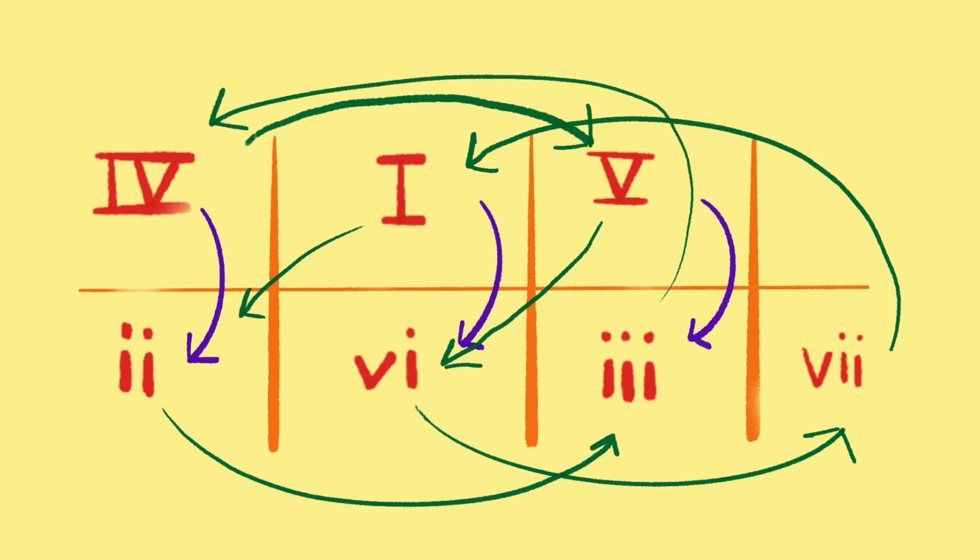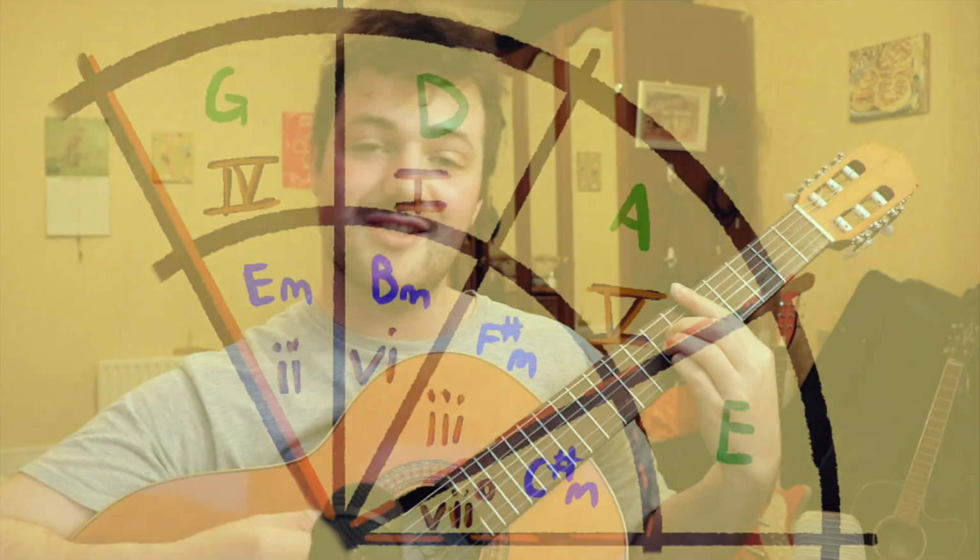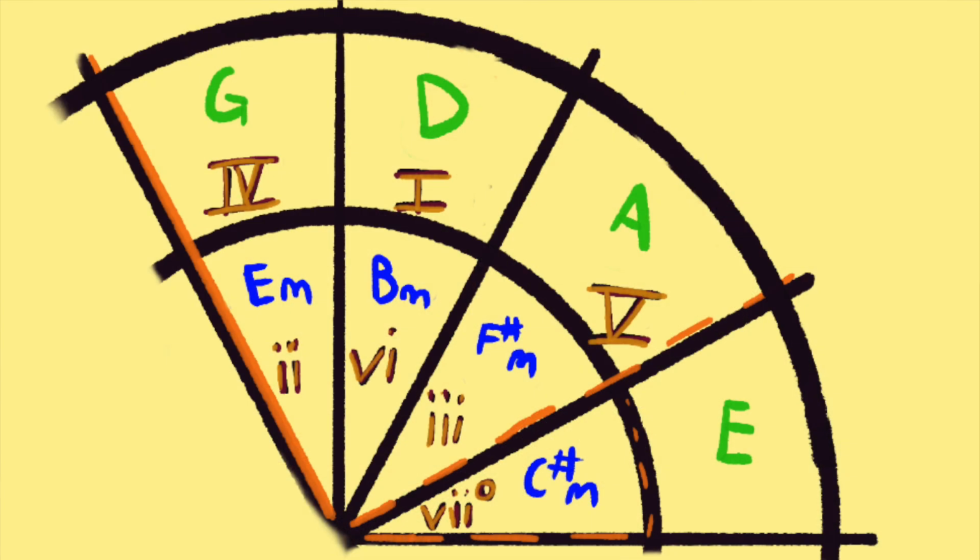If we were to take that image and rotate the whole thing proportionately speaking to the side so that D was the new one, we could identify D is the 1, E minor is the 2, F sharp minor is the 3, G is the 4, A is the 5, and then B minor is the 6, and then the school bus engine thing, C sharp minor / diminished is the 7, and then finally D again is the 1. And so the shape can be moved around as well. And therein lies the universality of this circle of fifths.